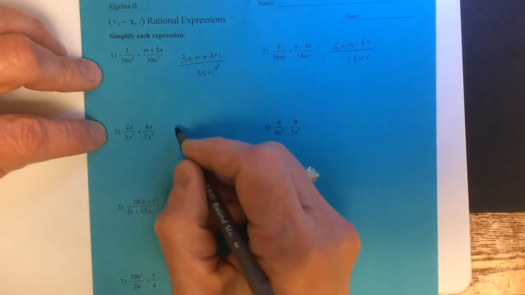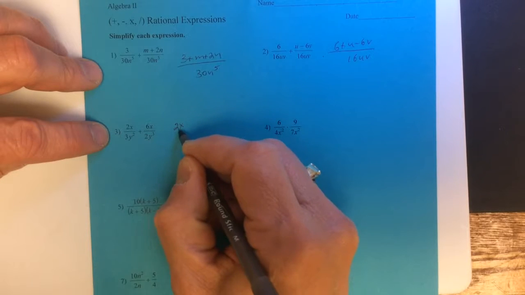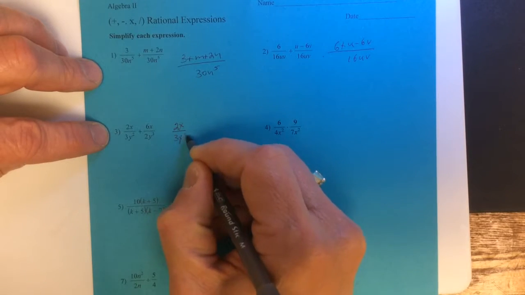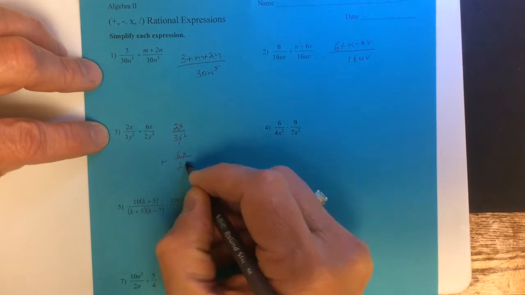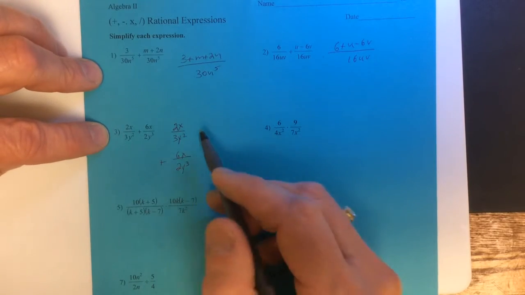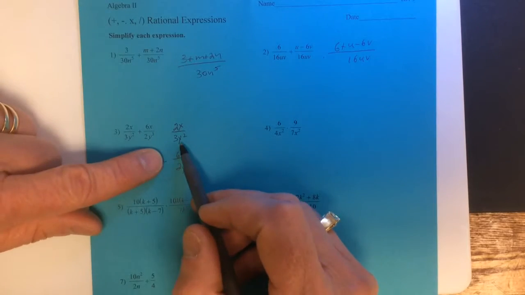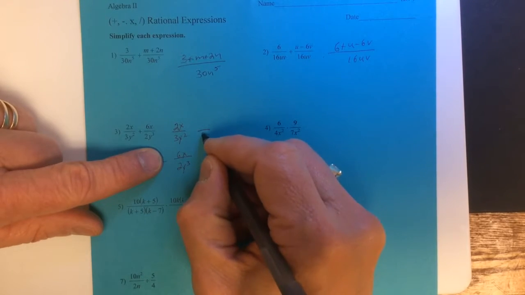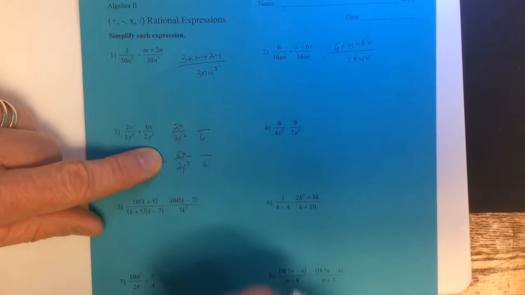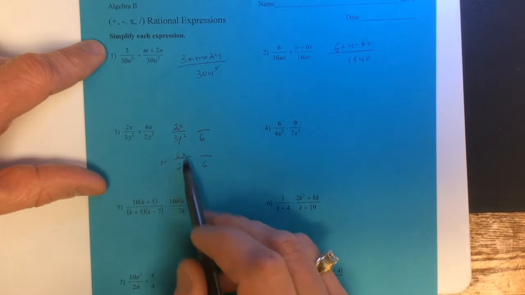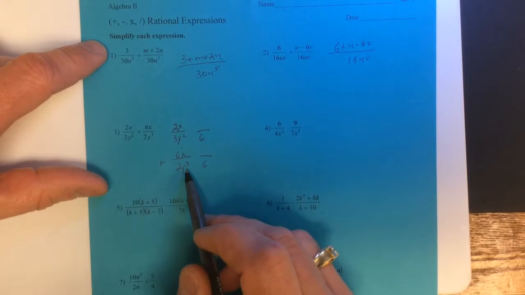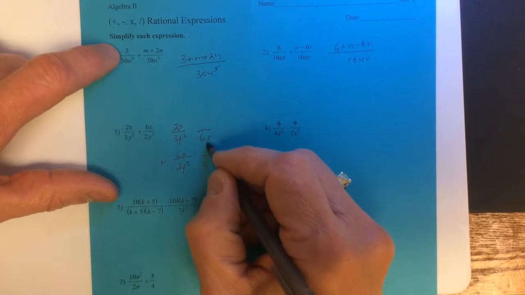So what I like to do is write this like this: 2x over 3y squared plus 6x over 2y cubed. And 6 is the smallest number that 3 and 2 will go into, and I need a least common denominator that y squared and y cubed will go into, and that would be simply y cubed.